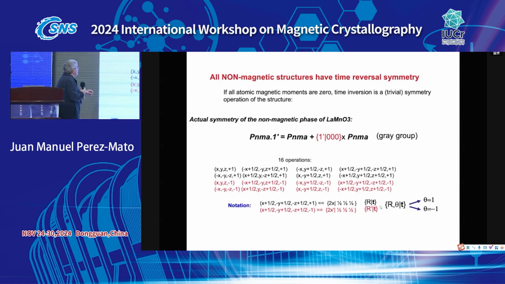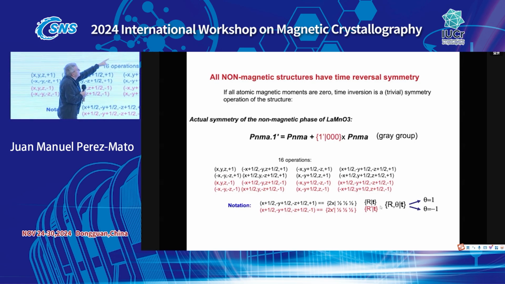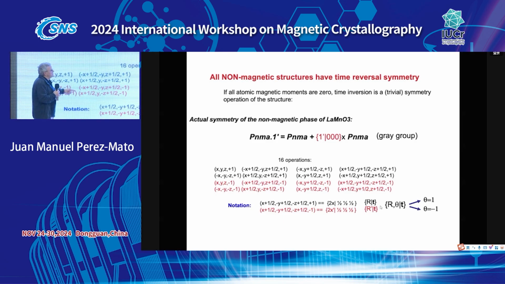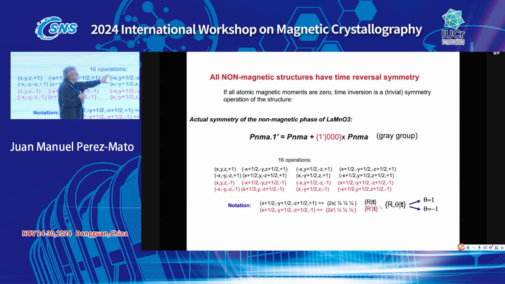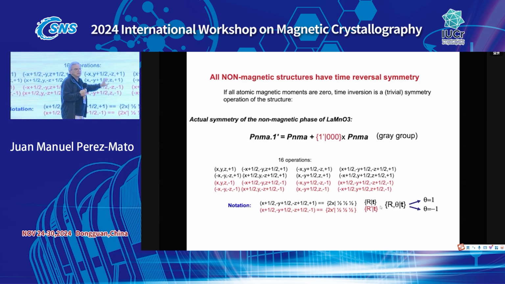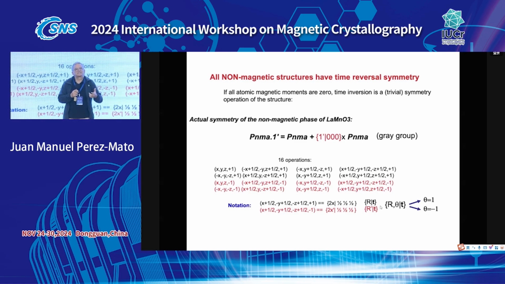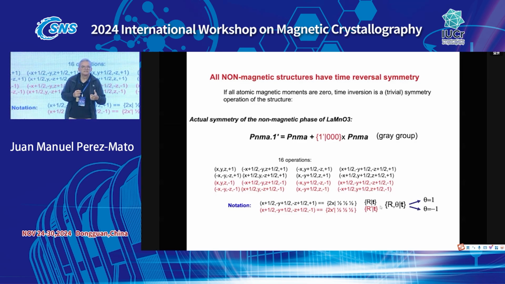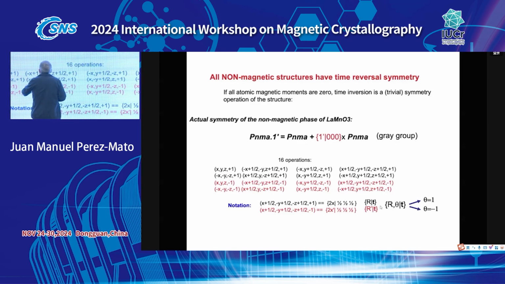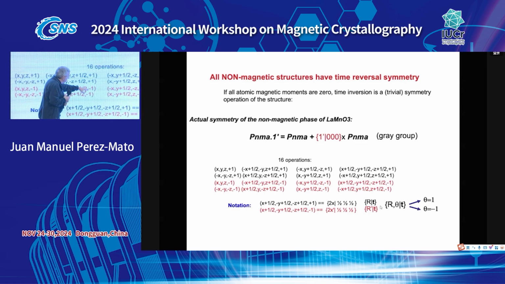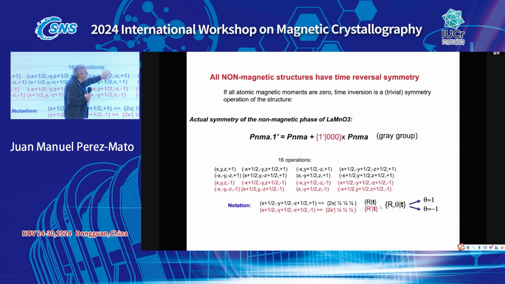Then, this mathematical equation means this for the operations. These were the operations that we had for Pnma, and they are indicated in black. And now we put a +1 here explicitly to indicate that it does not include time reversal. And then the same operations in space, that means rotation, translation, plus time reversal, these are the ones here in red. And this is the full symmetry of the structure in the paramagnetic phase.